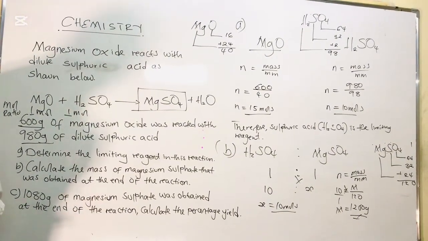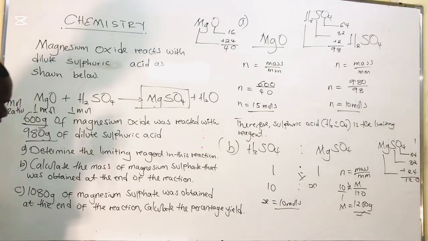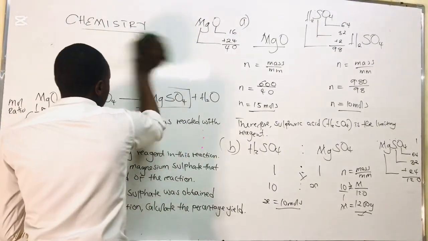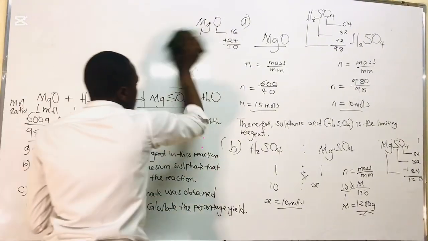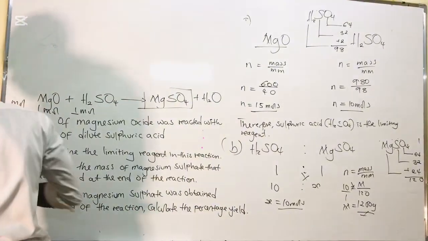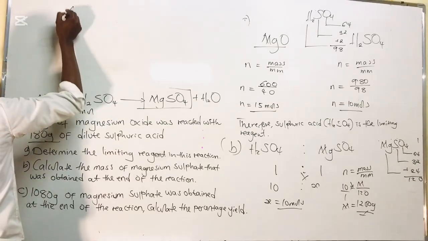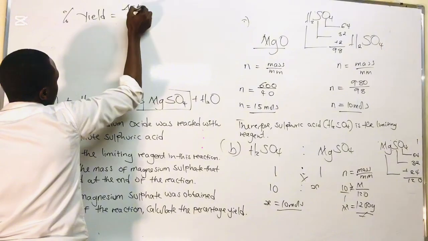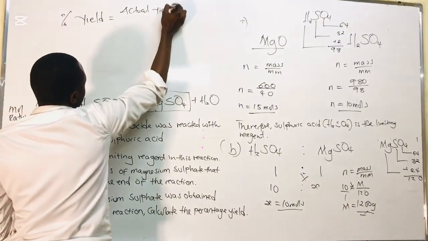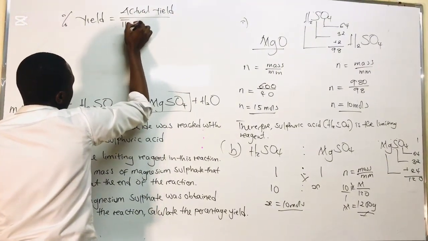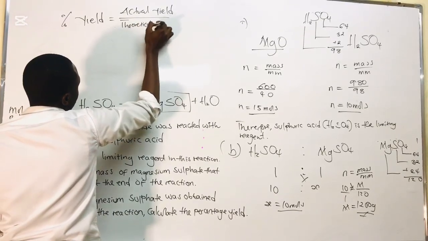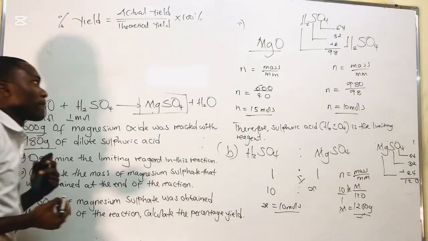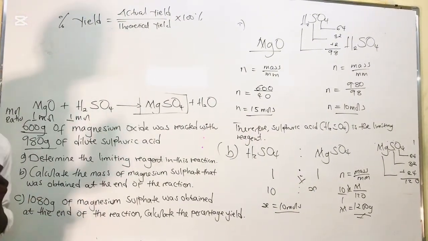To calculate for percentage yield, we say the percentage yield is equal to the actual yield divided by the theoretical yield multiplied by 100%. So that is the formula for percentage yield.